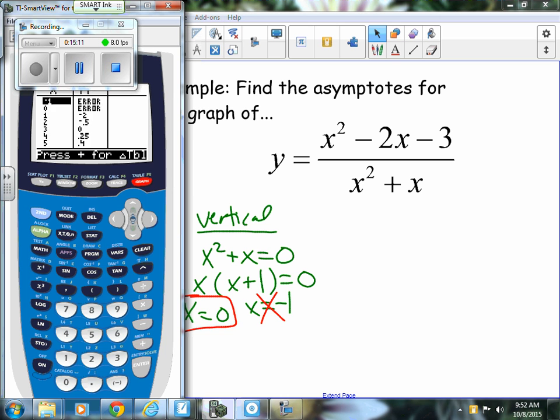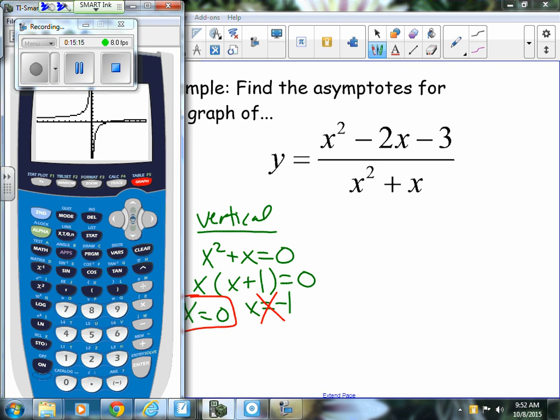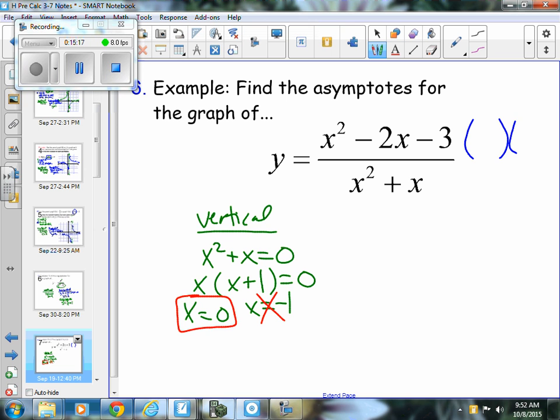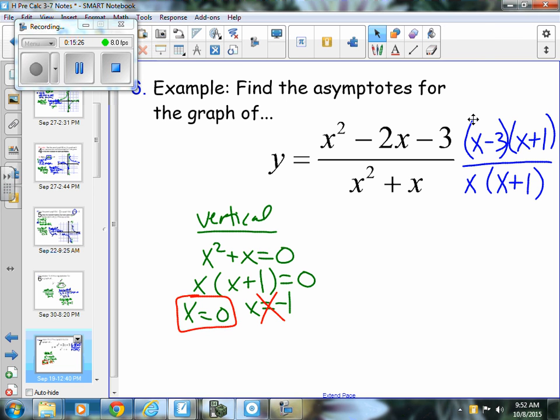So what's going on? Why is that one not a vertical asymptote? Okay, remember the whole idea about checking to see if your factors are removable. So if you factor the top, what factor can you remove from that fraction? Well, I can take out the common factor of x plus 1. That's this guy right here. That's not going to be an infinite discontinuity then. It's not going to leave a vertical asymptote. But what kind of discontinuity is it?